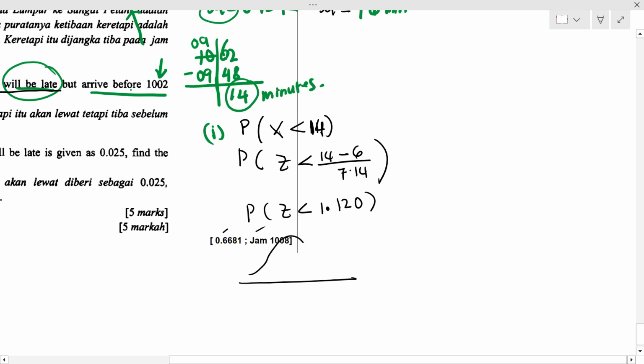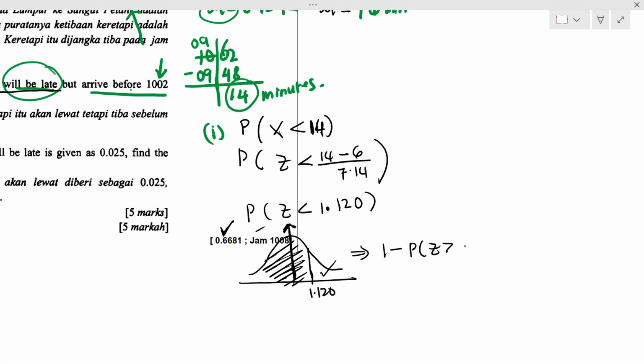This one we cannot simply calculate. The good thing is the answer will be more than 0.5, but that alone, in the exam how do we know? Okay, so 1.120 is here and it is less than. So we can only calculate the opposite, correct? So 1 minus probability Z greater than 1.120. What do you get?